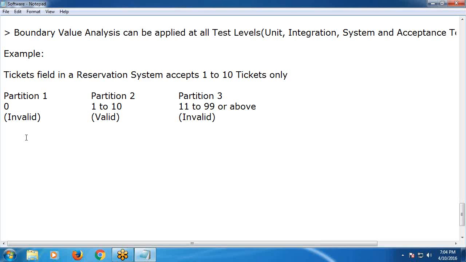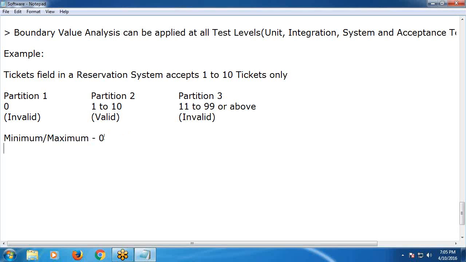For every partition, minimum and maximum. In partition 1 we used only 0, so one input is enough.